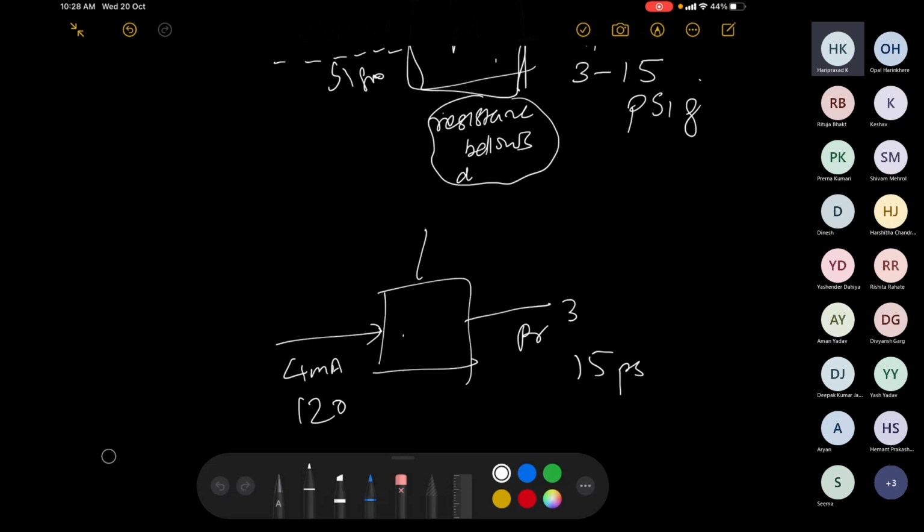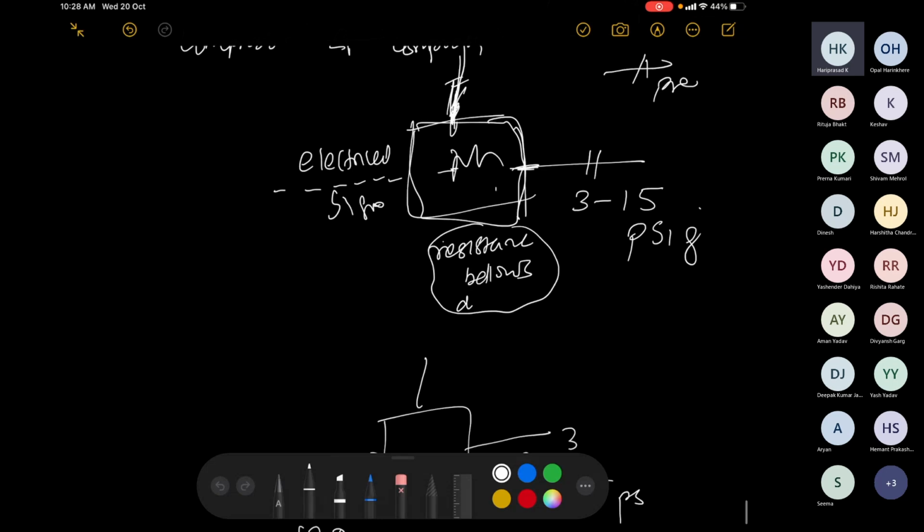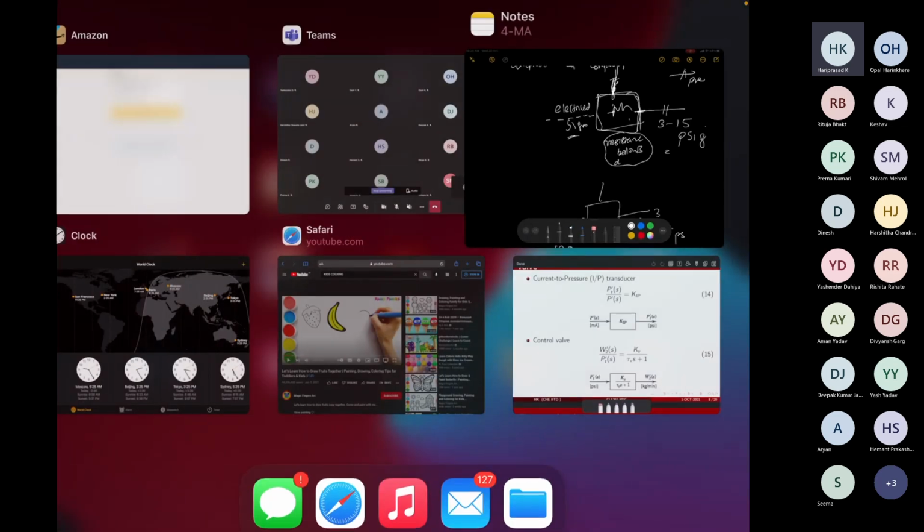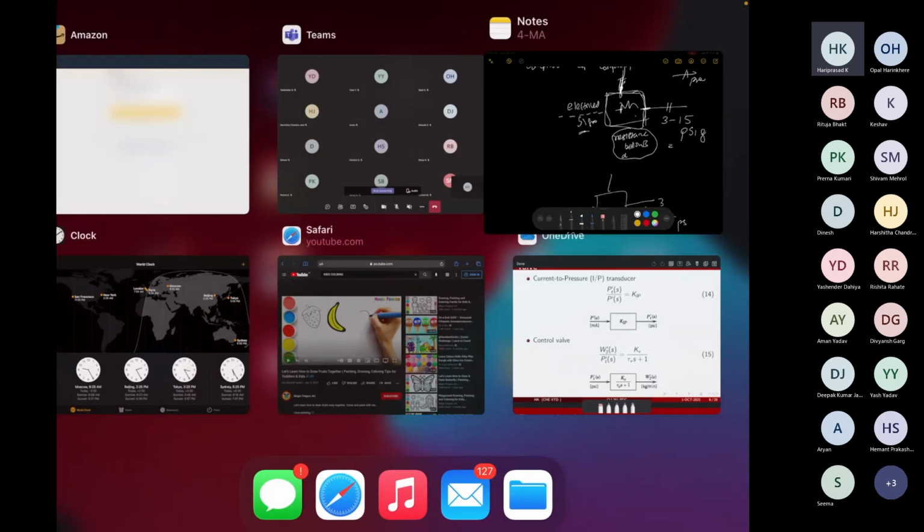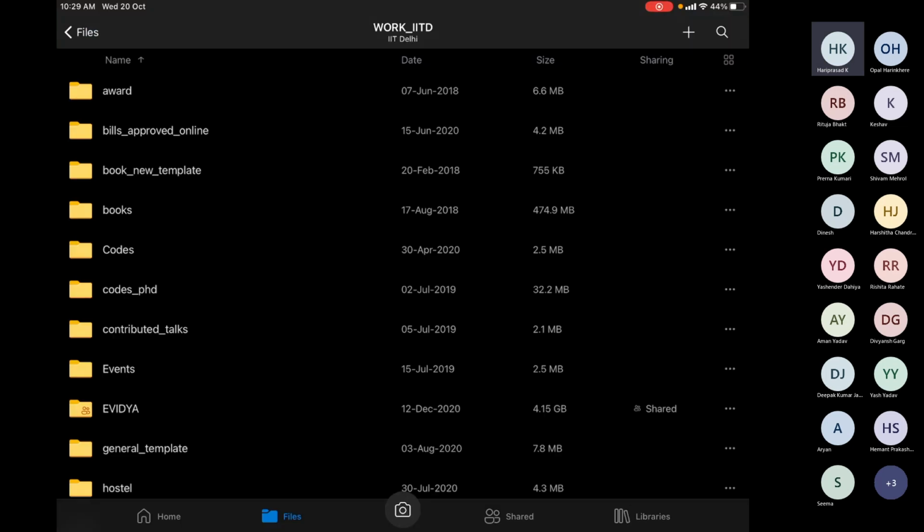You have to test this, and once you test it and keep it inside, the electrical signal goes in and the corresponding pressure signal comes out. So there is a conversion, from 4 to 20 milliampere to 3 to 15 psig. There may be a delay too, but generally it is a fast process, because pneumatic signals are very fast.